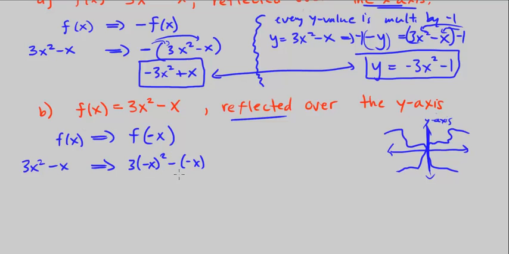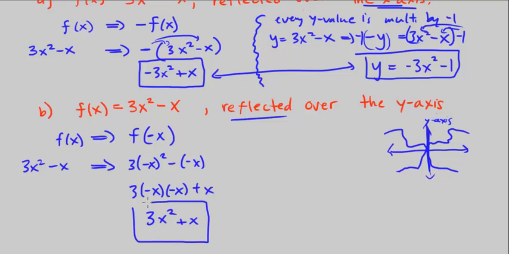I can simplify this: (−x)² is just (−x)(−x), and the −(−x) becomes positive, so plus x. The two negatives cancel out, so that's just 3x² + x. Here is the result for reflecting over the y-axis.